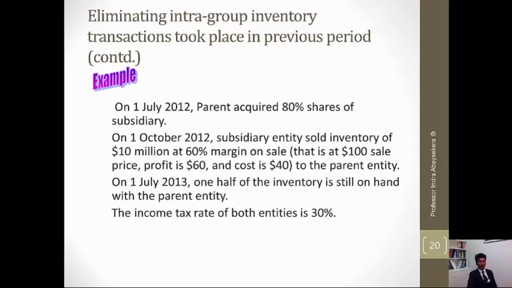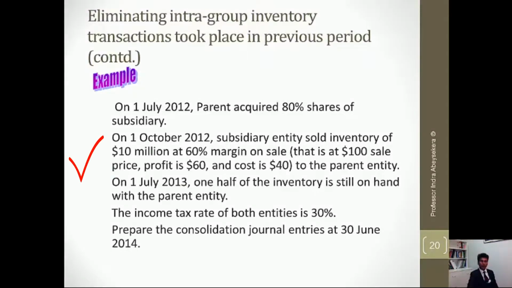On 1st of October 2012, subsidiary sold inventory for 10 million to the parent with a profit margin. 1st of July 2013, one half of this inventory is still held on hand. That is the end of the previous period. 50% of inventory is held on hand. 50% has been sold.